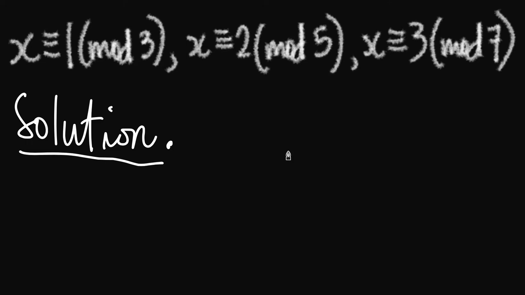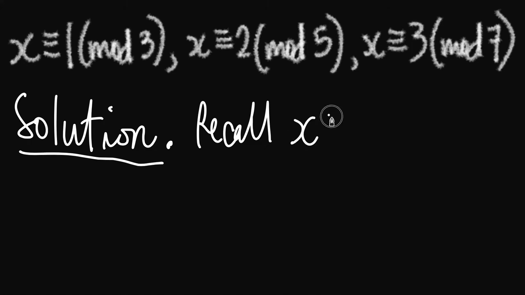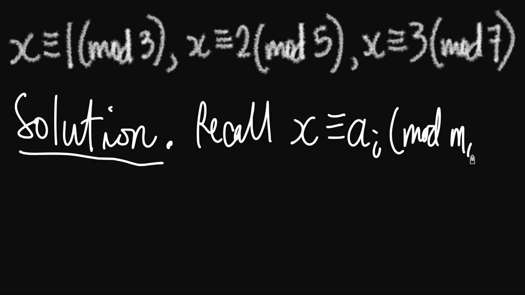Again, recall our standard notation: x is congruent to a sub i mod small m sub i, in which all these m sub i's are relatively prime, for all i's between 1 and k.